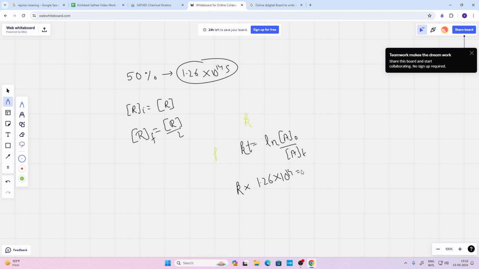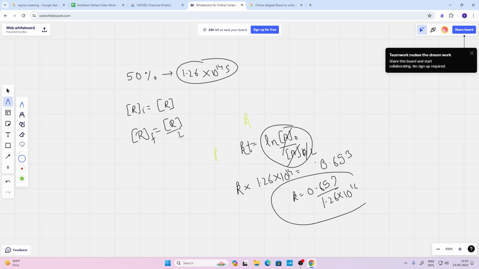Now if you remember, this is the half-life, and this value is 0.693. If you put a0 by 2 here, a0 will get cancelled, and ln 2 will be this value. Therefore k will be equal to 0.693 by 1.26 into 10 to the power 14. So this will be your k.